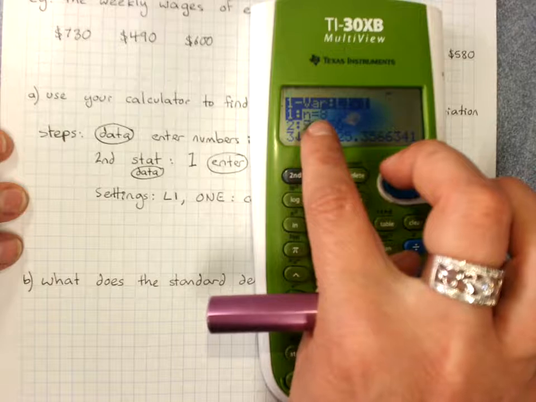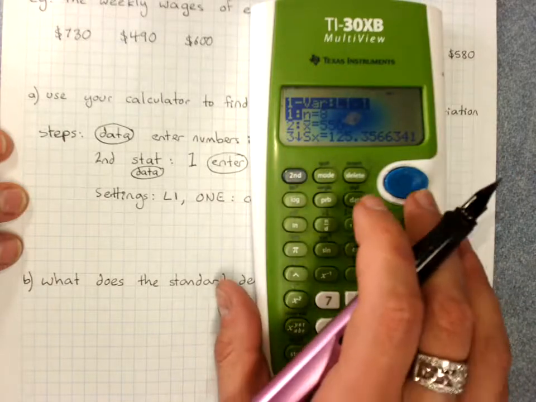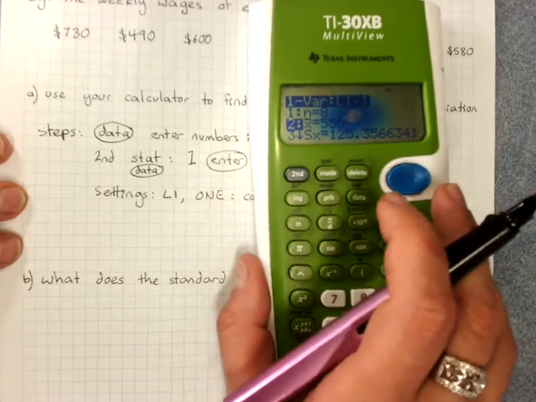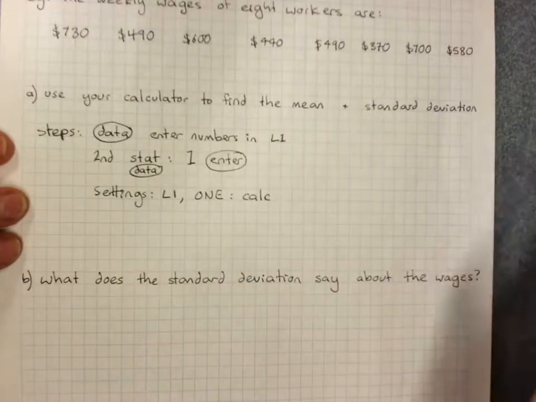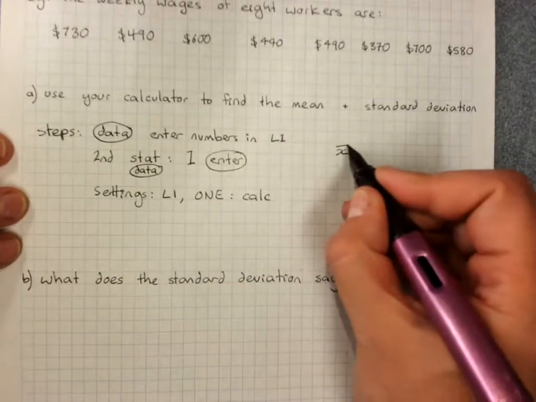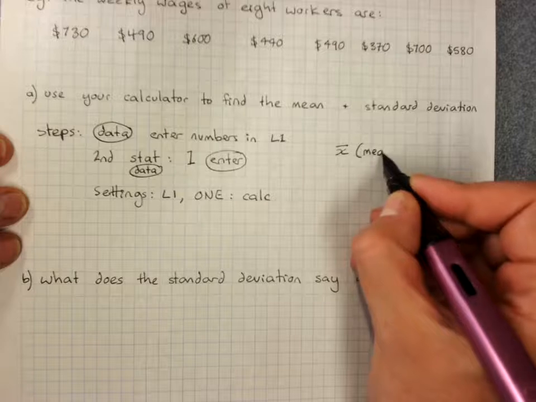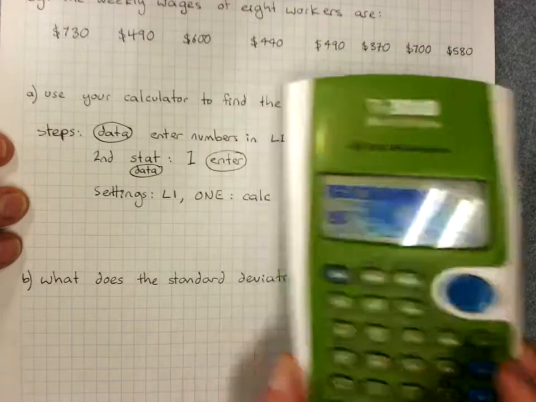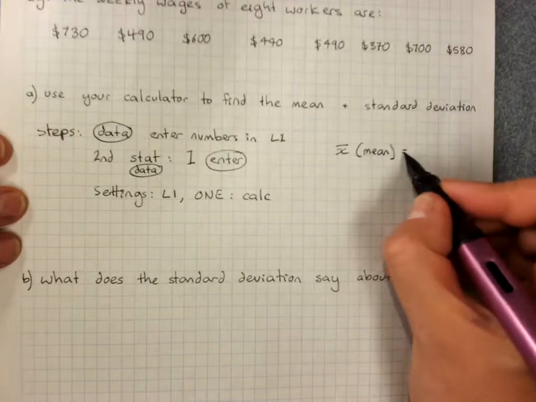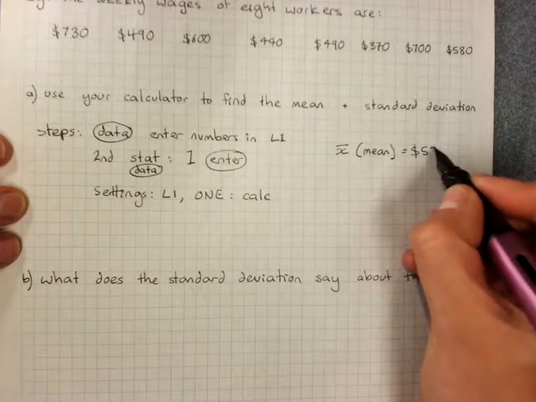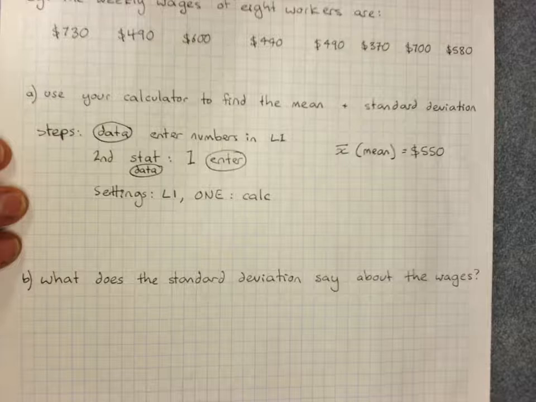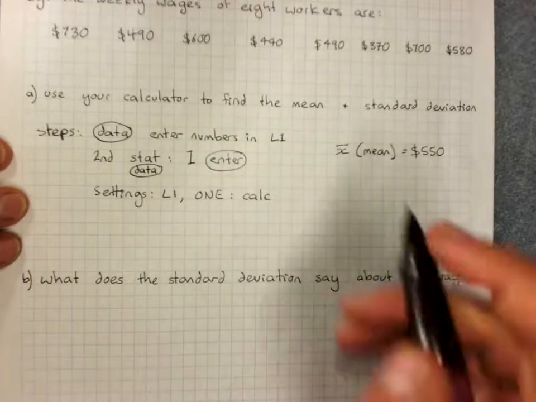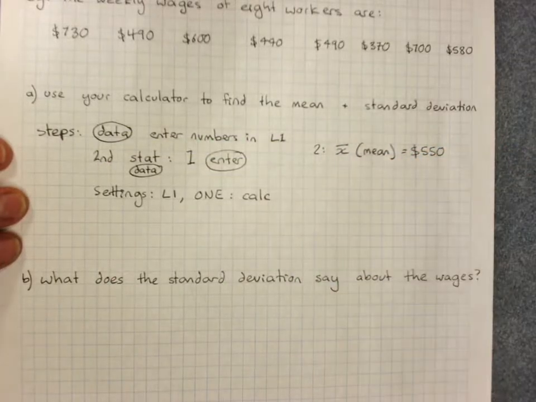1, n, is the number of scores. 2, x with a bar, is the mean, the average. So it's calculated the average for us of $550. So this is a quicker way of finding the average if you also have to find the standard deviation. So that's option 2.